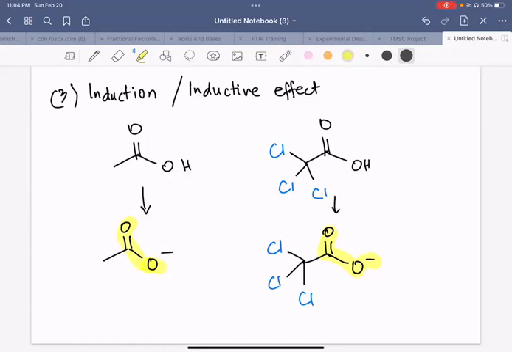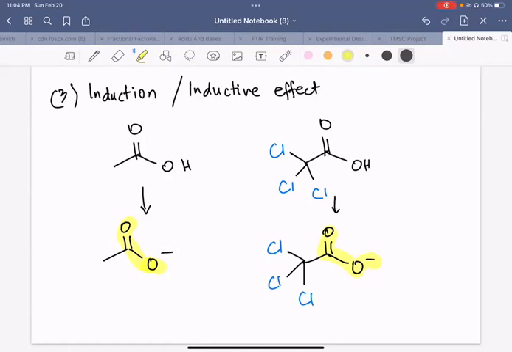That's always the case. So again, we cannot rule this out using the second factor, which is resonance. So we now go to the third factor, which is induction or inductive effect.